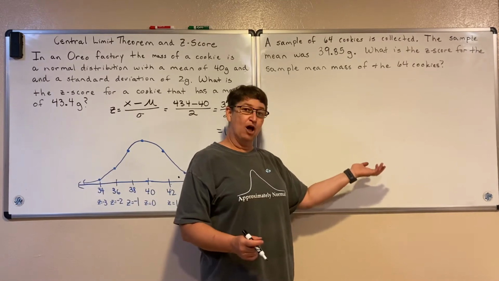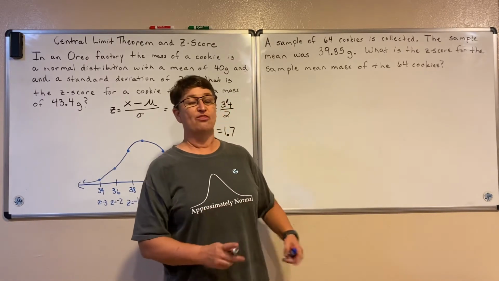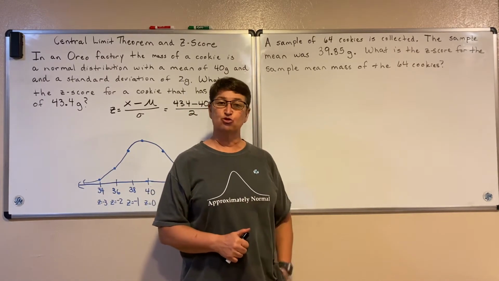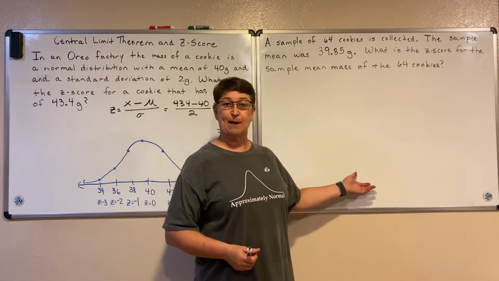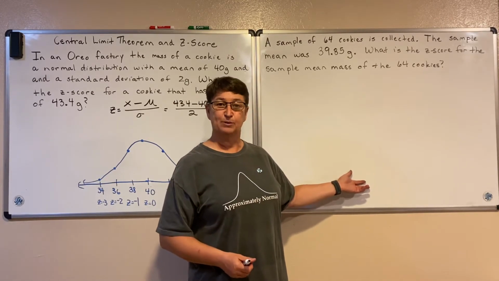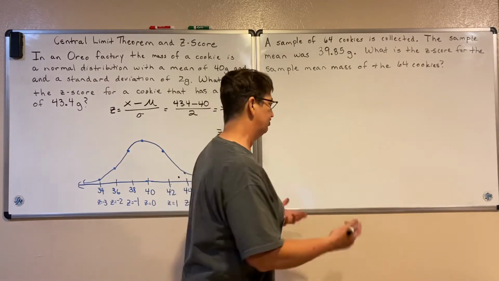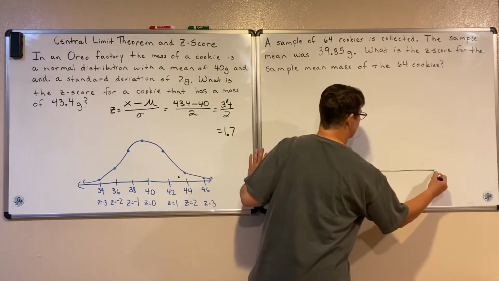This mean belongs to a different distribution. Let's draw that distribution. Now we know from the central limit theorem that this distribution of sample means, called a sampling distribution, is also approximately normal.